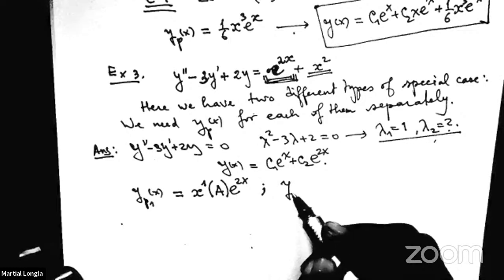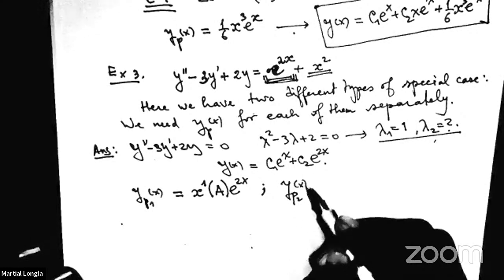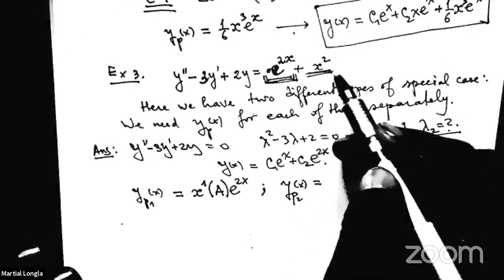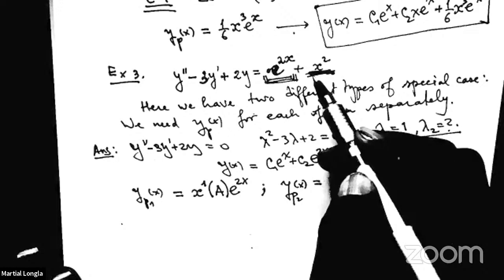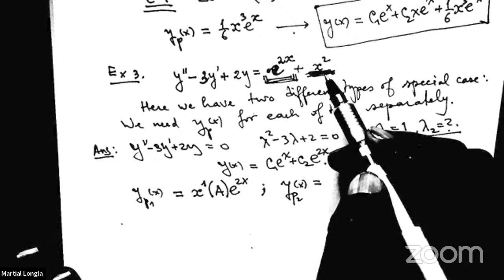If I'm looking for the second one, yp2 of x, then what is alpha here for this one? Would it be 0? Alpha is 0. Alpha is what is in the exponent.